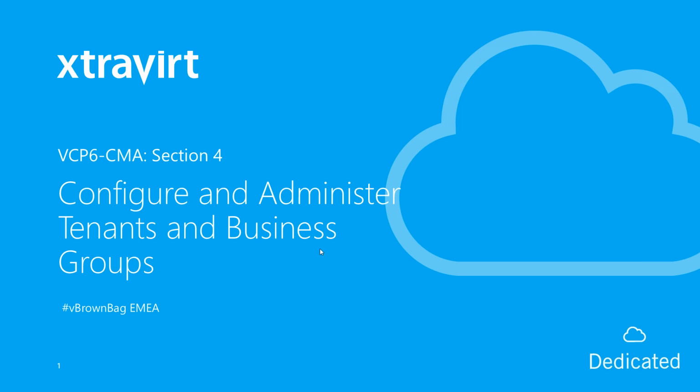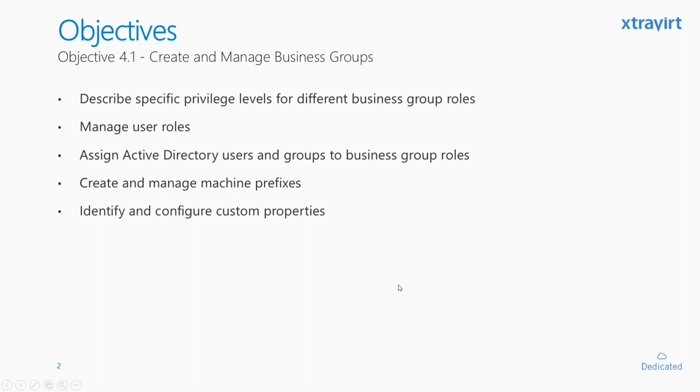VCP6-CMA Section 4, configure and administer tenants and business groups. Before we get going, I'm just going to go over the individual sections of the tenants. So we've got Objective 4.1.